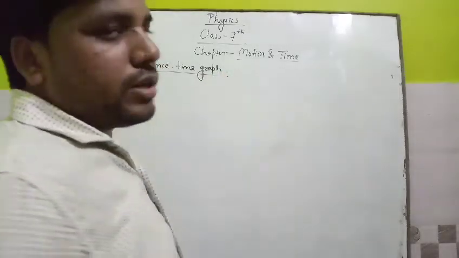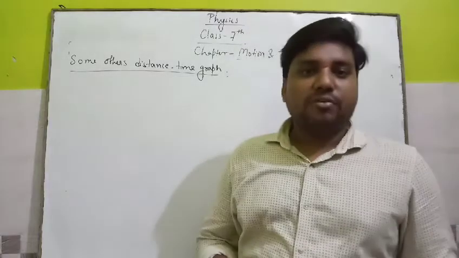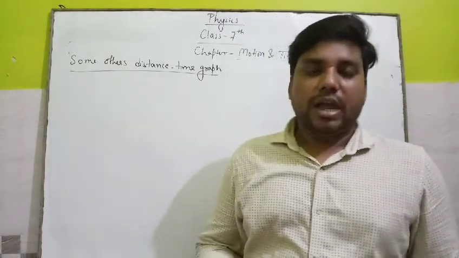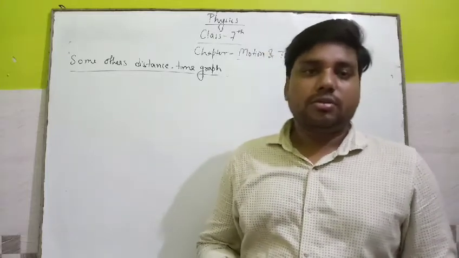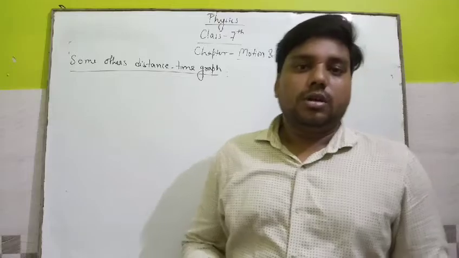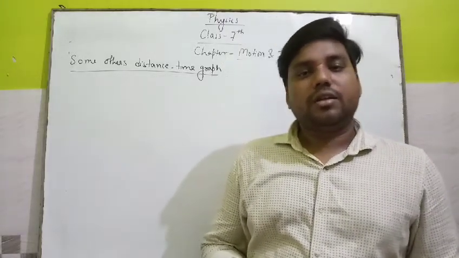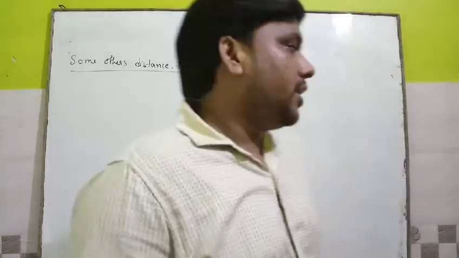As you know, in the previous class we had discussed types of graph, that is pie chart, bar graph and line graph. And I had already told you that in this chapter we will only discuss the line graph, because in physics we use only line graph.